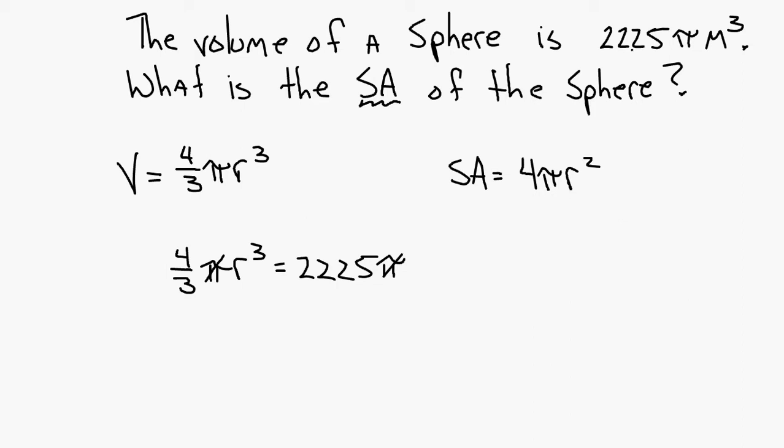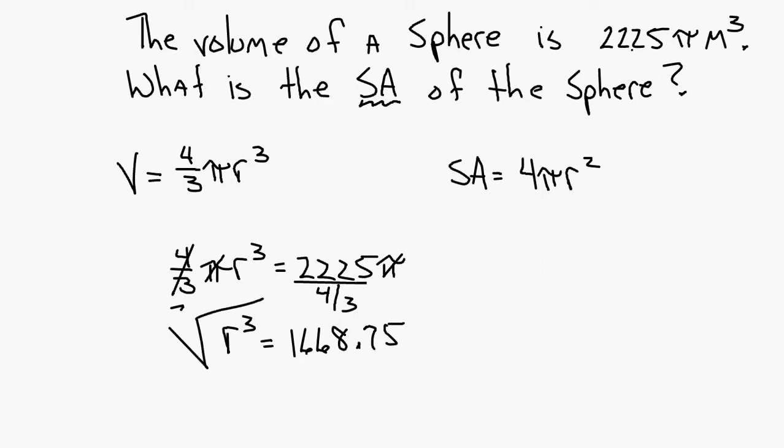And if you divide both sides by 4/3, so your 2225 divided by 4/3 equals 1668.75. Your r cubed equals 1668.75. And we said yesterday that you're going to third root both of these now.